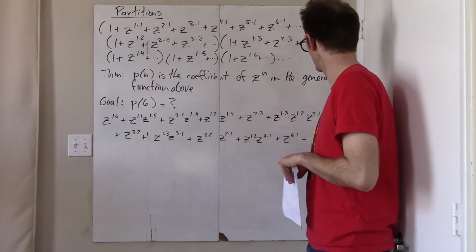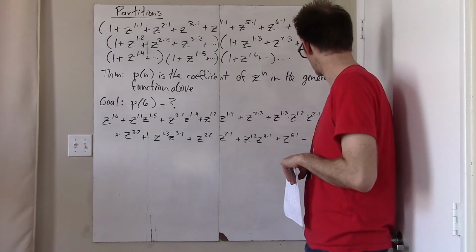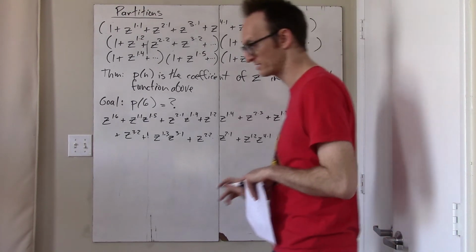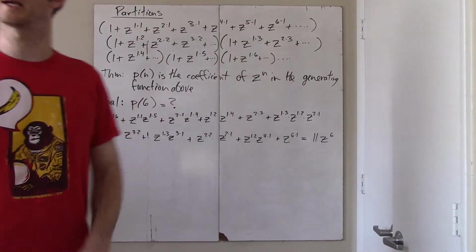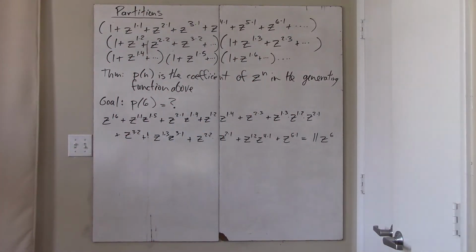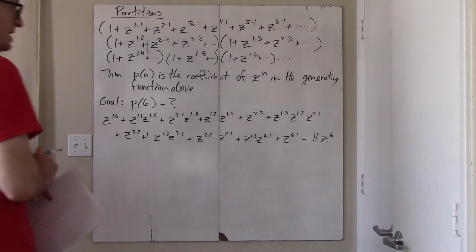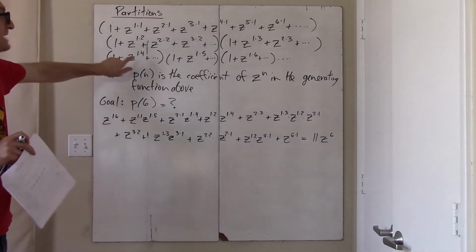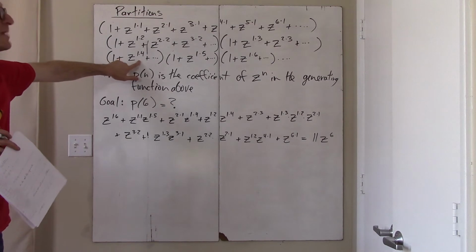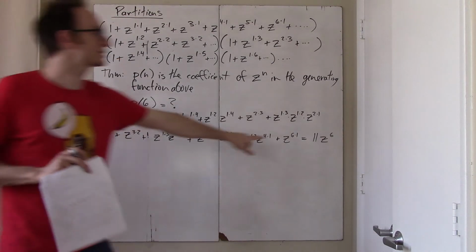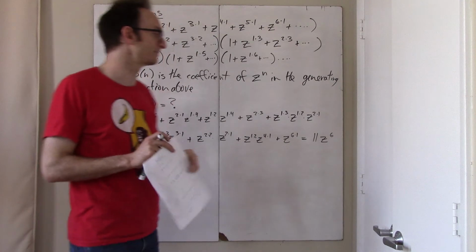And so 11 z to the 6th, what I have just computed in a sort of a little bit cheating because I had to think a lot about what I was doing as I was doing it. But if you did it mindlessly, it would just take longer. What I've computed is that in this infinite polynomial, it must be the case that the coefficient of the z to the 6th term is 11.